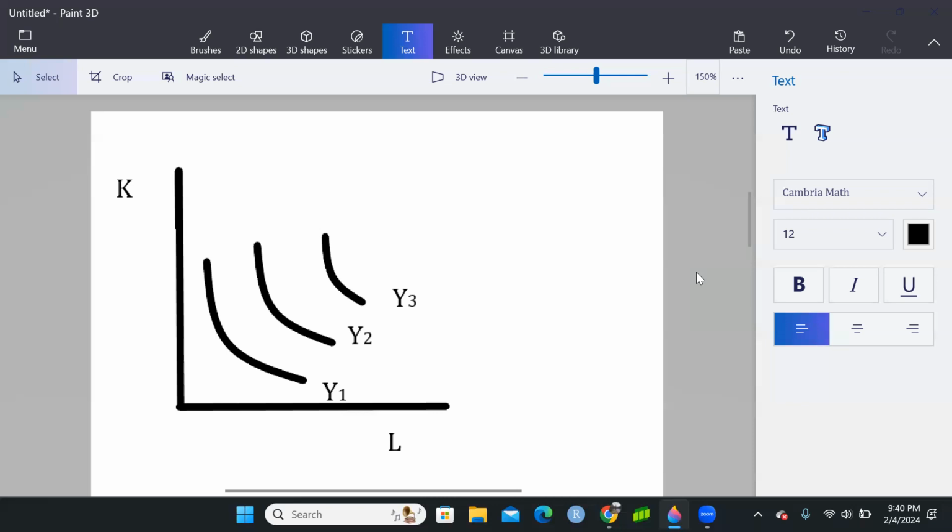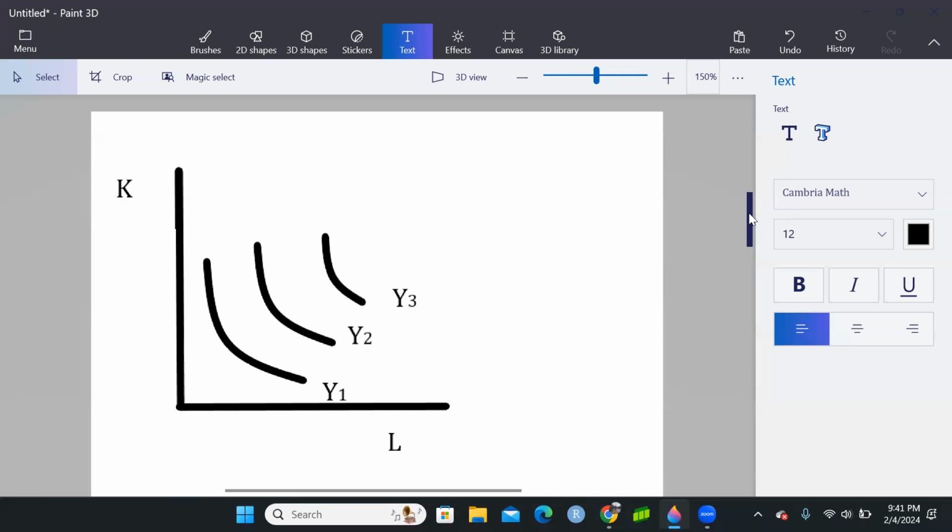And in this graph right here, each one of these curves is a level of output or production, Y1, Y2, and Y3. And on the Y and X axis, respectively, we have capital and labor, which are the inputs in the Cobb-Douglas production function.